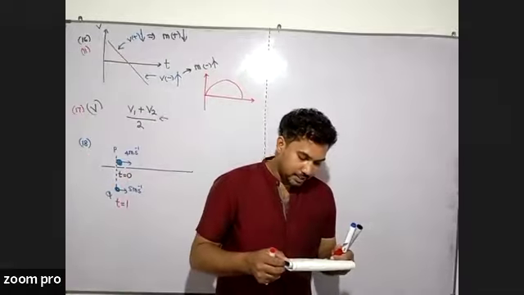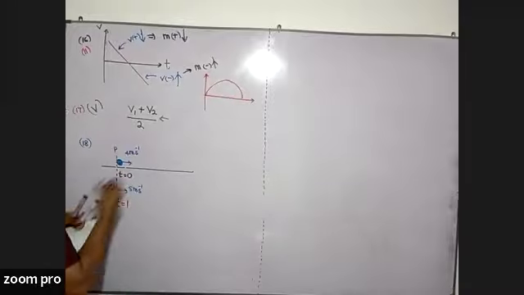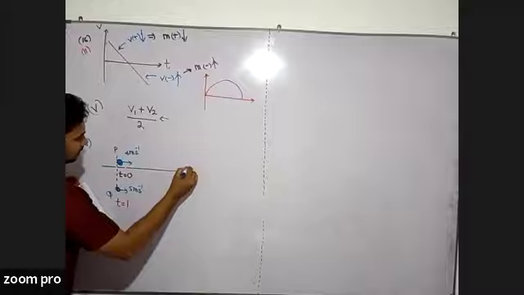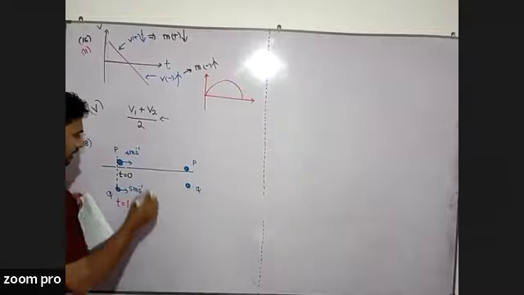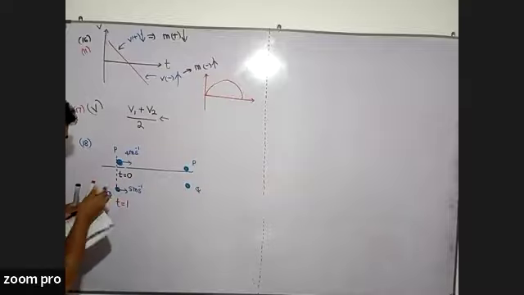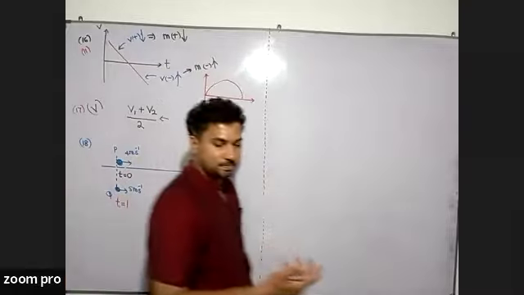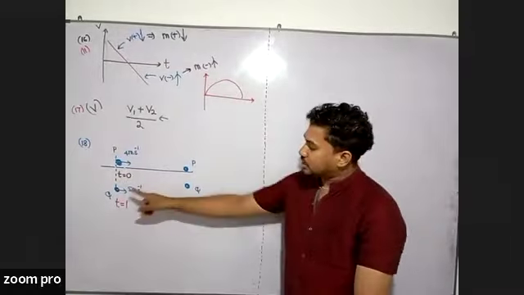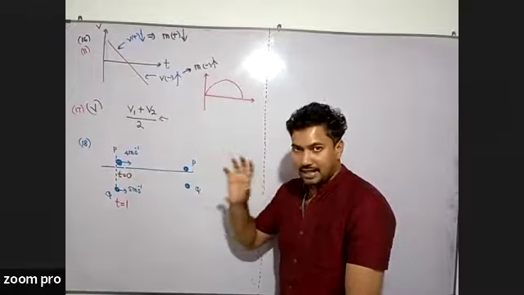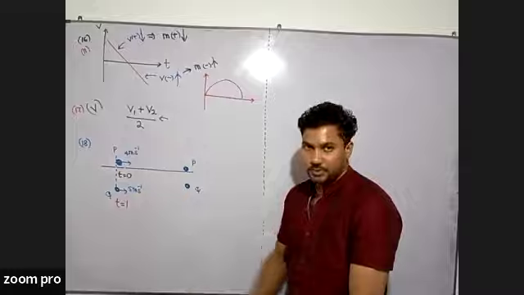Particle Q will reach particle P when they have traveled the same distance. This is P and this is Q. Q has the greater velocity, so when they move in the same direction, at some instant Q can pass the P object.